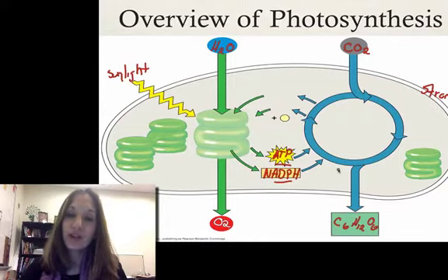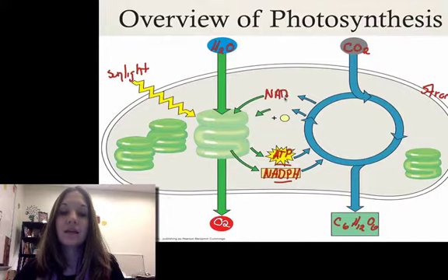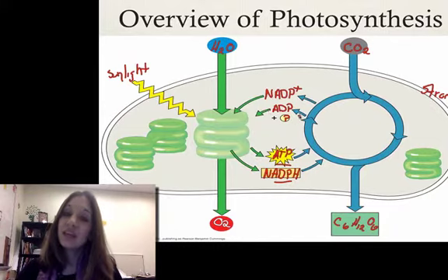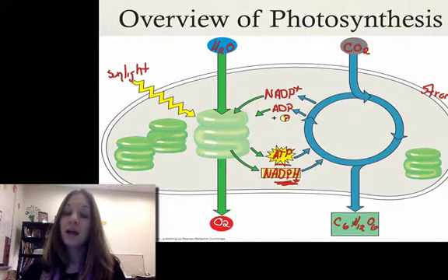But fortunately for cells, we're really good at recycling materials, so those aren't completely lost. Rather, we end up with NADP+ and ADP and a phosphate. So we've taken the energy from the ATP, and from the NADPH, we've shuttled the electrons there, along with a hydrogen, to combine and make the molecule glucose.